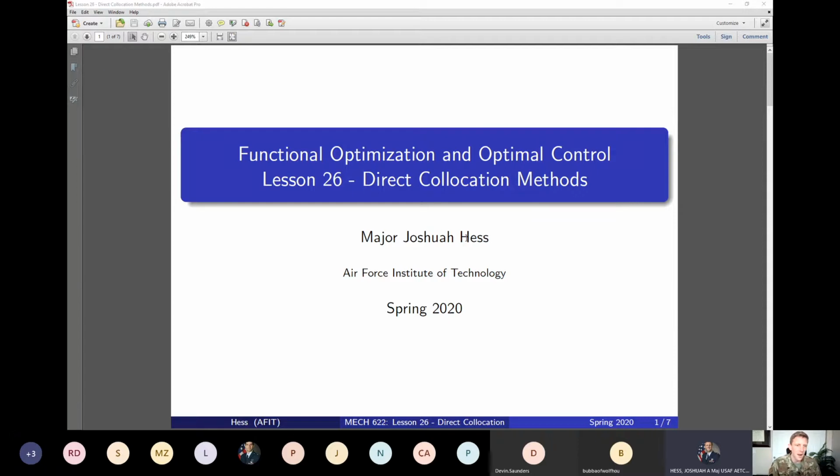And so today's lecture, and these are famous last words, I want to keep it short, but we'll see what happens. It's going to be covering direct collocation methods, depending on how you pronounce it and spell it correctly or incorrectly.